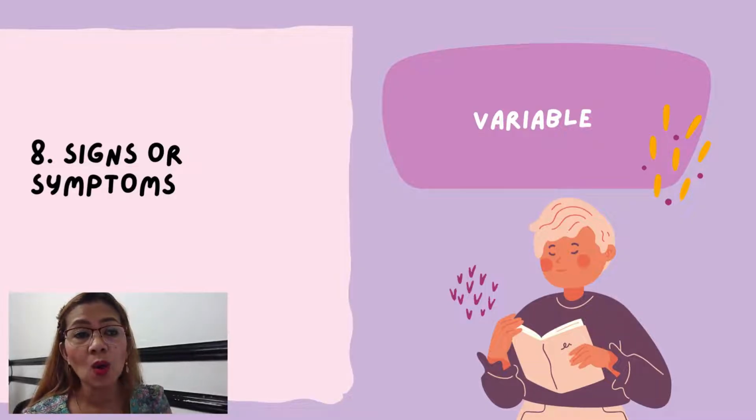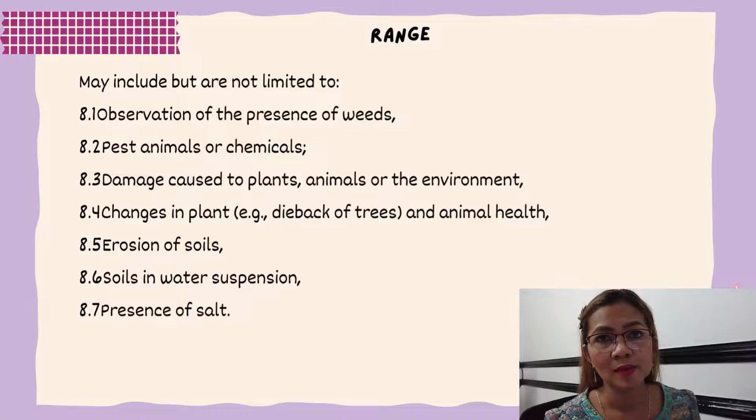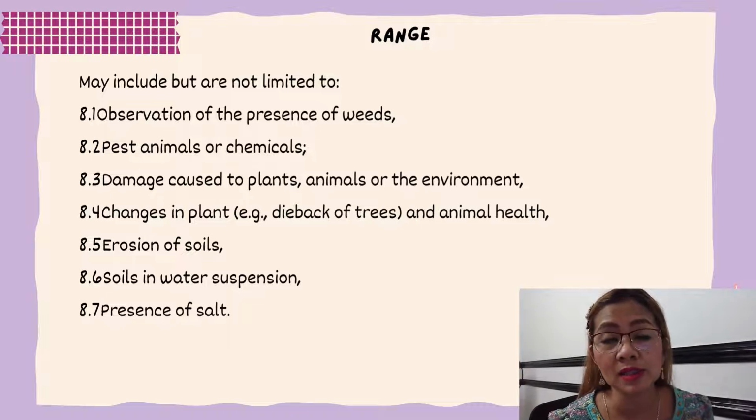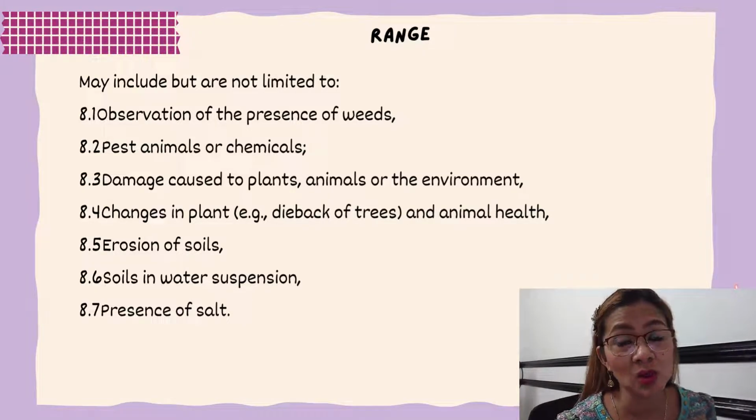Number eight, know the signs or symptoms. What are those signs and symptoms? These are the following signs and symptoms, which may include but are not limited to. The first one is observation of the presence of weeds. What do weeds have to do with our workplace environment? If you see weeds growing, they are not helpful.